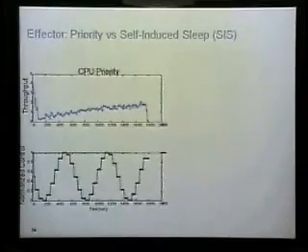But from this chart, we're controlling CPU priority on a Linux system using NICE, and you can see that there's almost no effect on throughput by varying CPU priority for the backup utility, because it's not CPU bound.